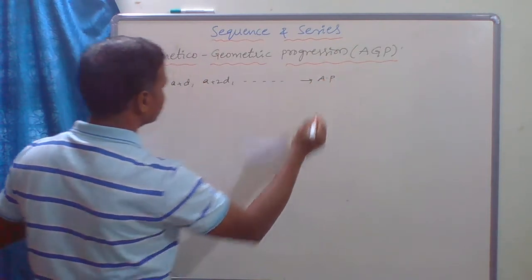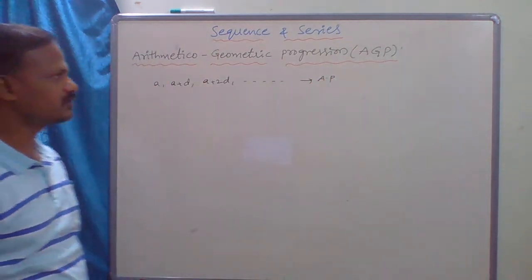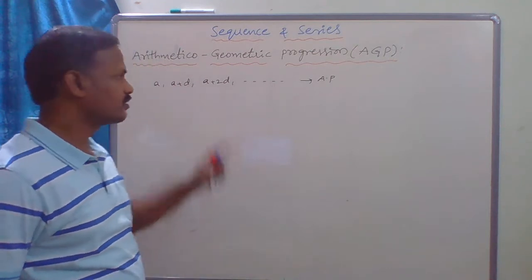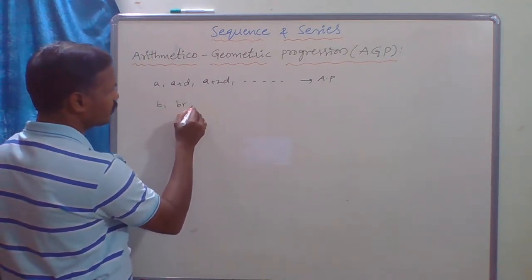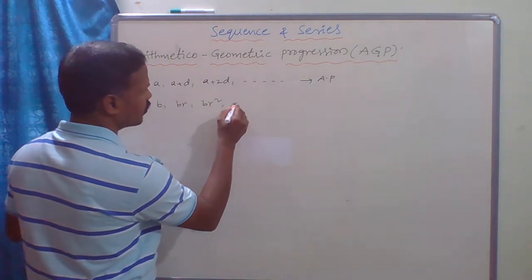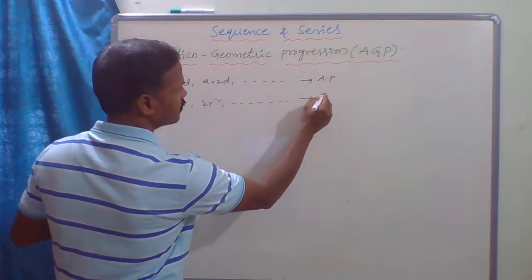We know the general sequence in AP is this one. Now b, br, br square, and so on, which is in GP.